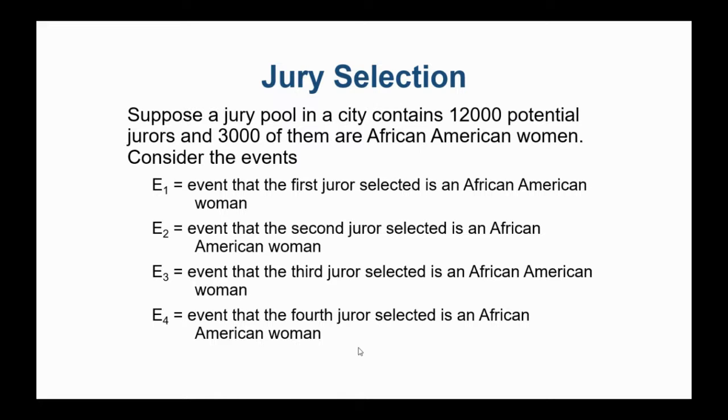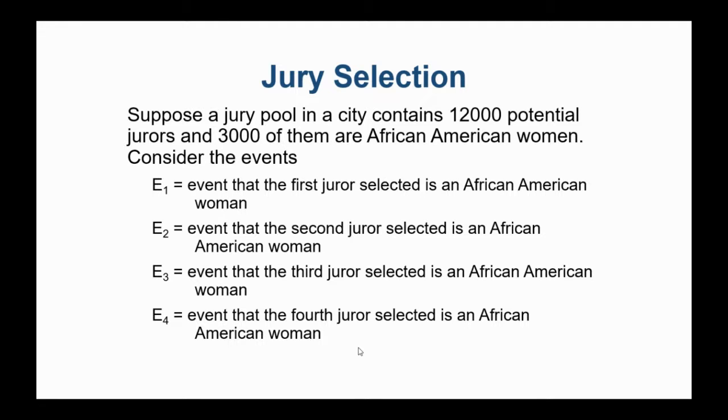Now, let me ask you this. If you get picked to be on the jury, can they pick you again? Not for that same trial, right? They can pick you for another one, but for that certain trial, can you hold 2 seats? No. They're only going to let you hold 1 seat.